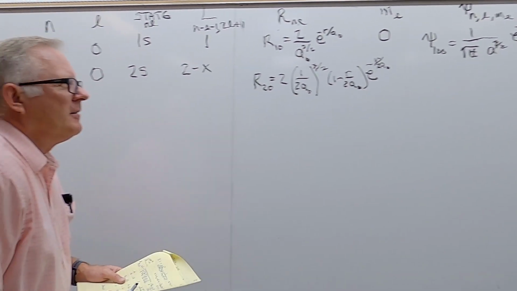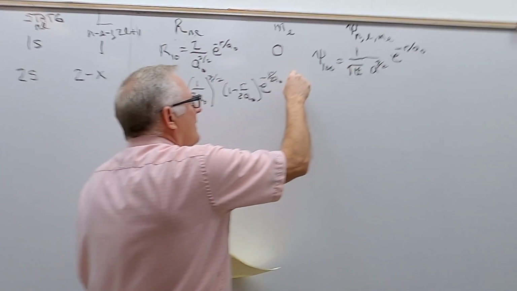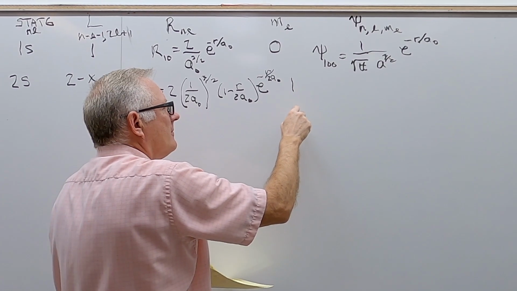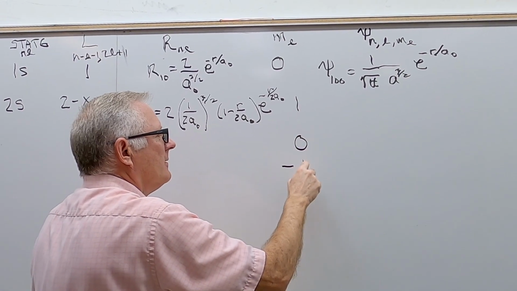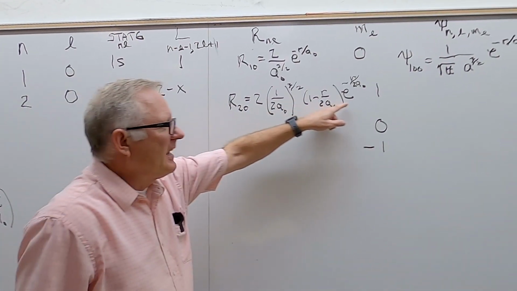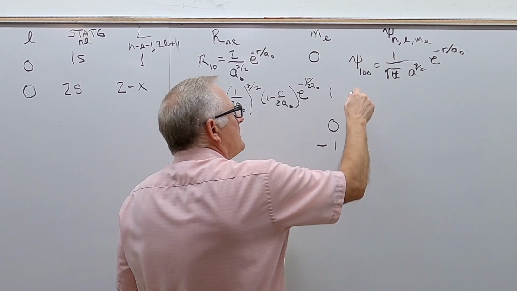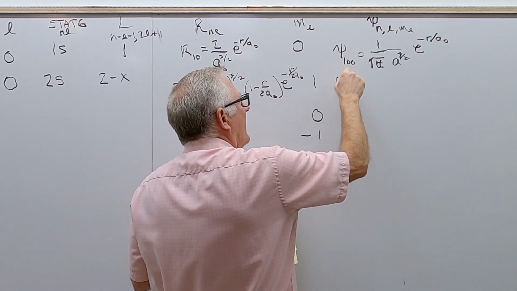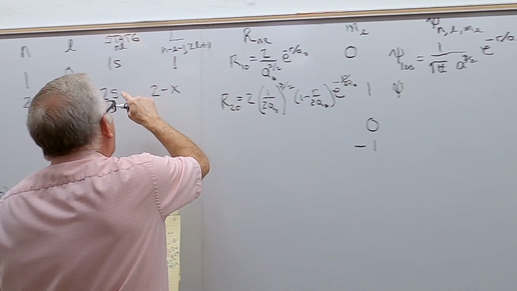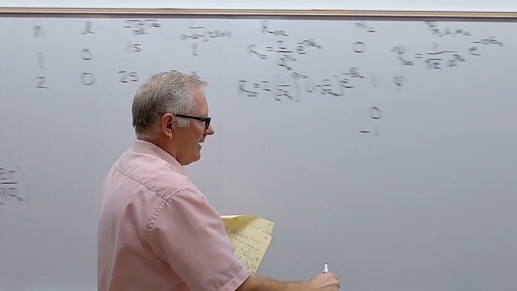Now m sub l can be three things. M sub l could be 1, 0, or minus 1. But this much of it would stay the same right here. Sorry, that's not right.